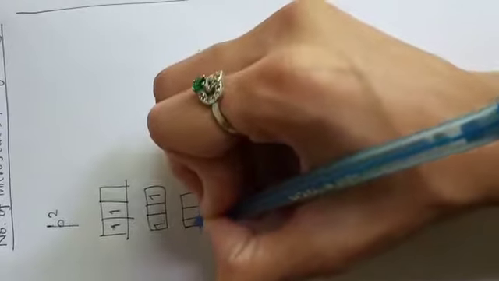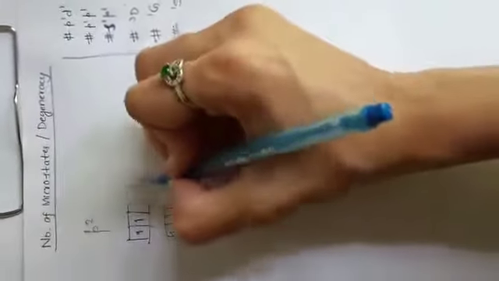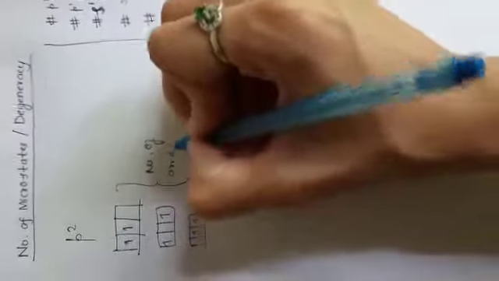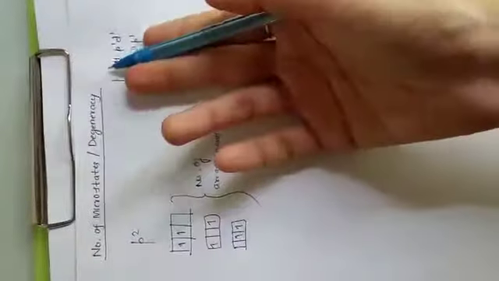It can be written in this way, or in this form, and also in this form. Clearly, the number of possible arrangements of electrons in an orbital is called the microstate or degeneracy.